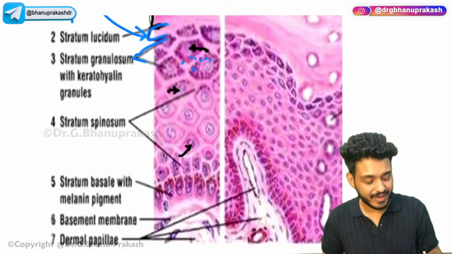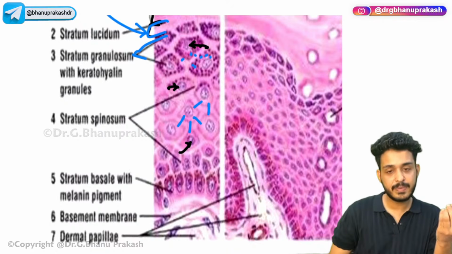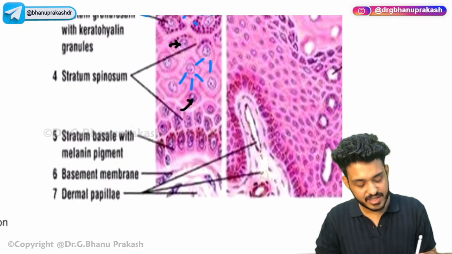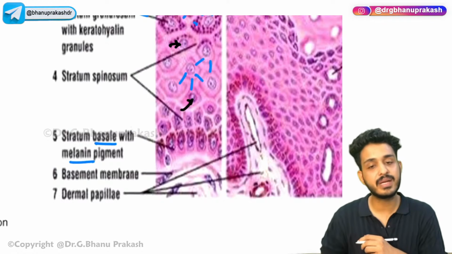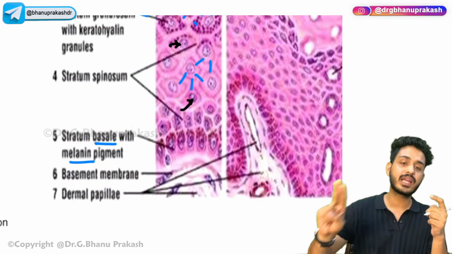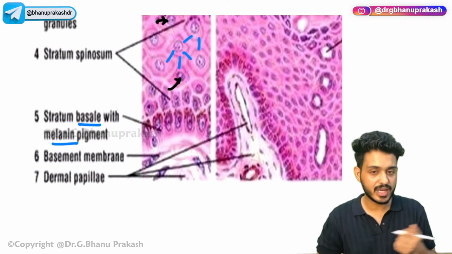Then the fourth layer is your spinosum. They will be having these spine-like connections. And lastly, we have stratum basale, which will be having melanin pigment. We have also already seen 2 things will be there: one is melanocyte, second one is your Merkel cell. Try to remember with me what we are learning.